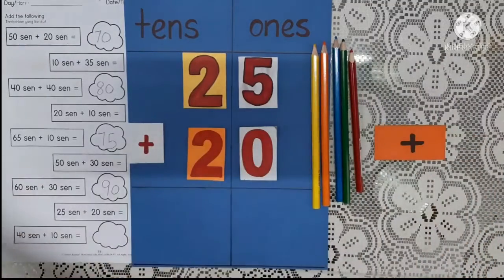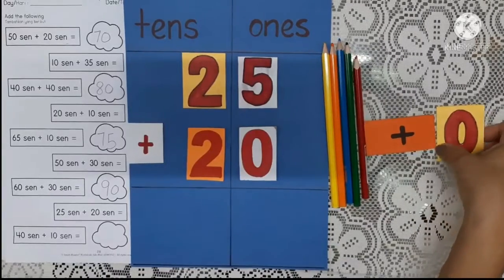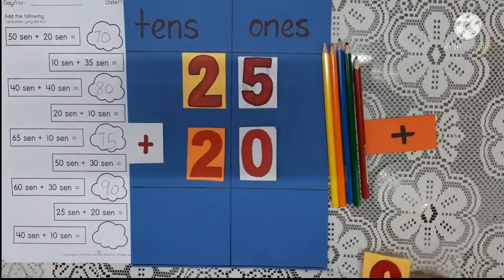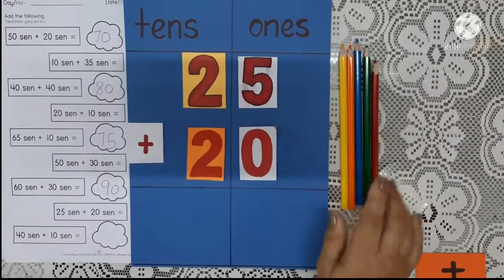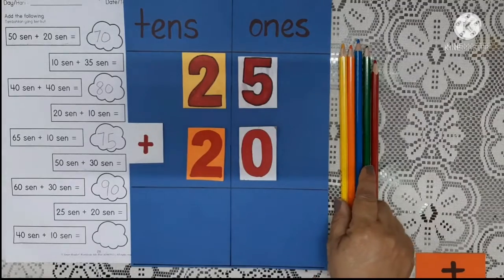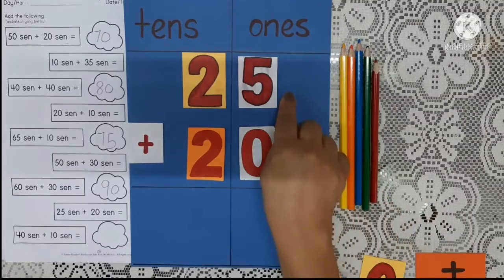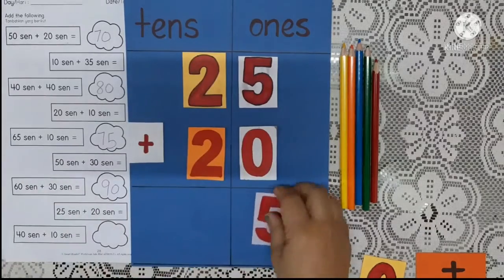Plus 0. Now 0, we do not have anything here. So let's count the pencils again. 1, 2, 3, 4, 5. Yes, so 5 plus 0 equals 5.